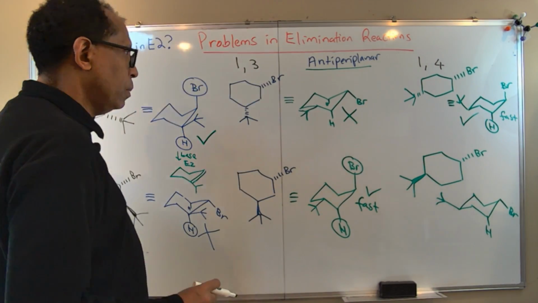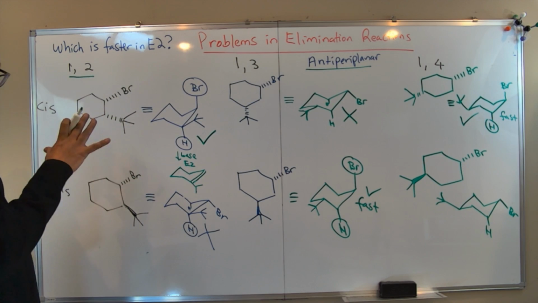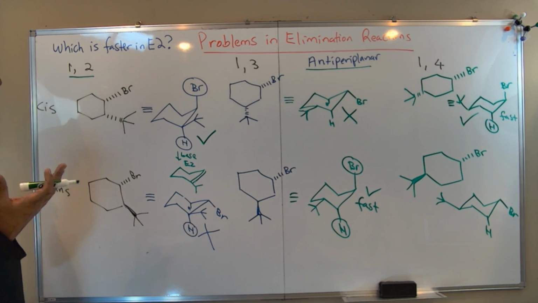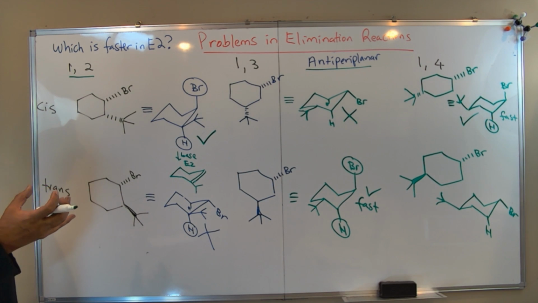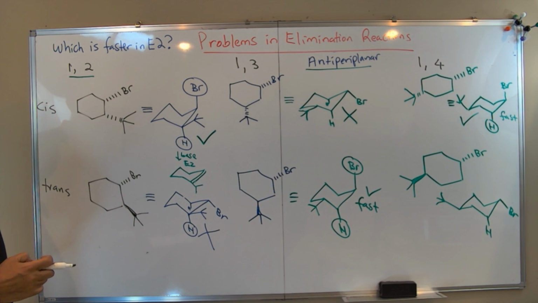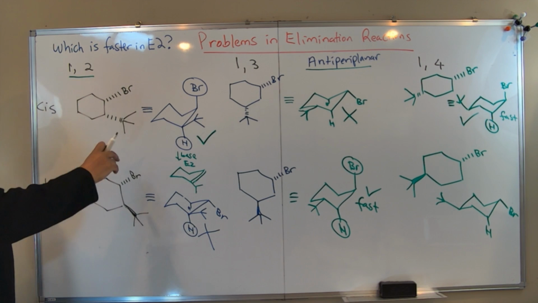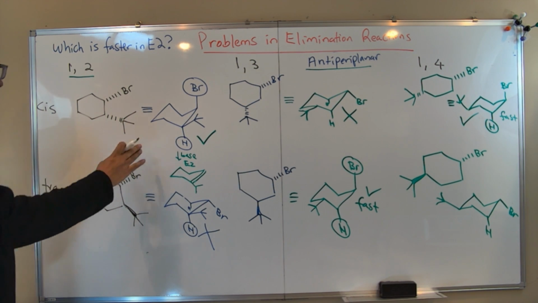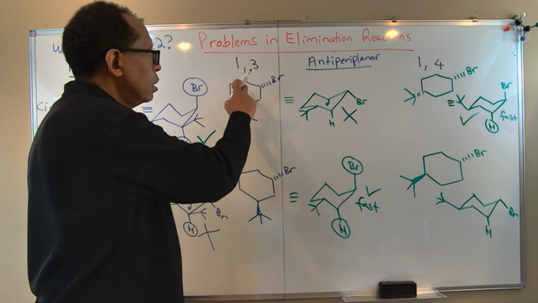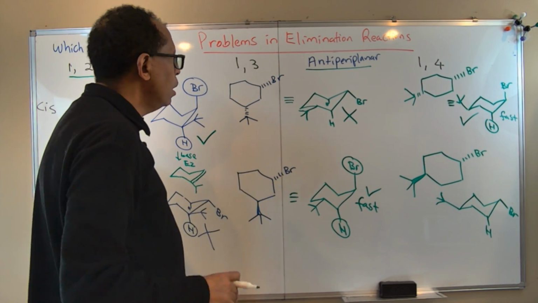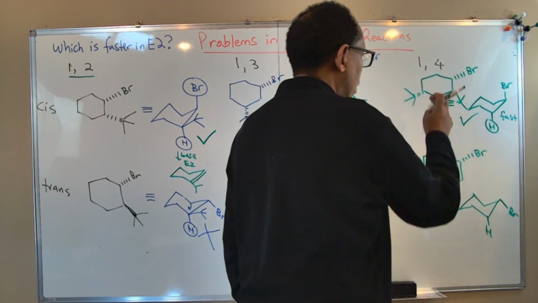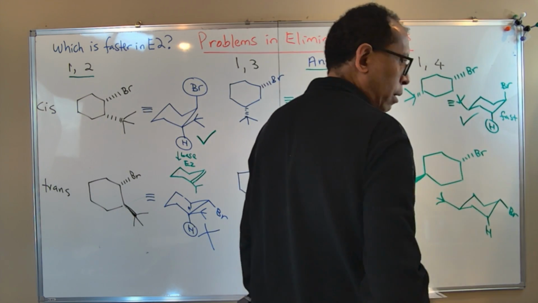So as a review, if you have a substrate with T-butyl, remember this is a specific case of tertiary butyl locking the conformation in equatorial position. In the 1,2 case, the cis reacts for E2 reaction faster. In the 1,3 isomer, the trans reacts faster. In the 1,4, the cis reacts faster.